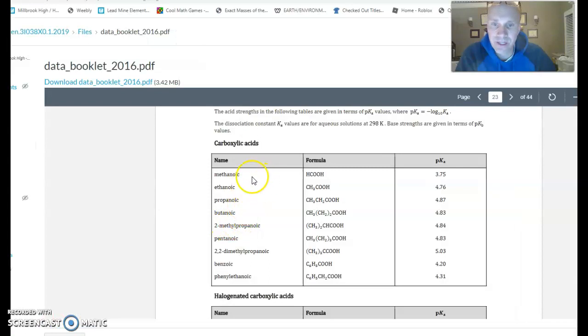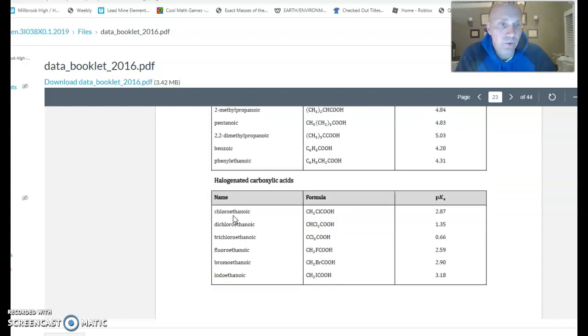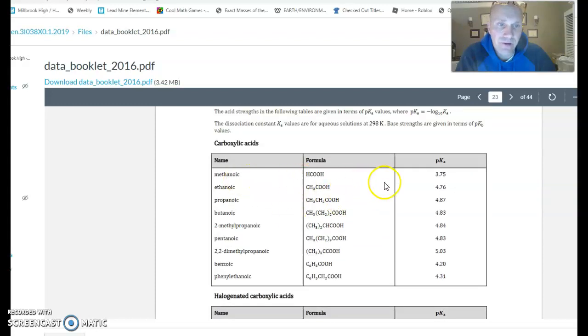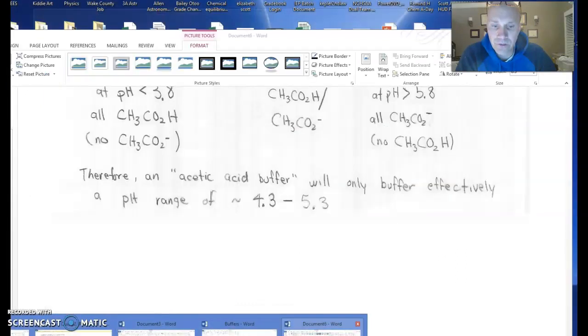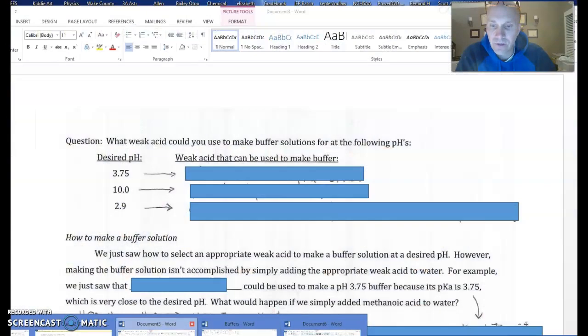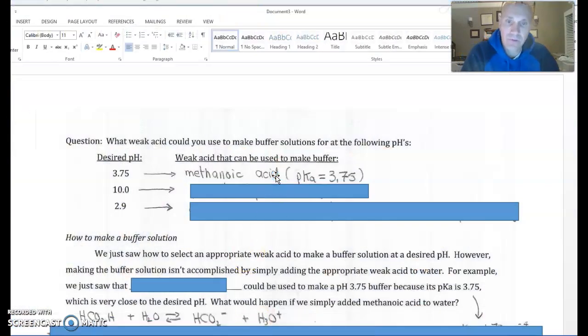All right, and if you look at the data booklet and you're looking through all these weak acids that they put in there with their pKa's, you can find here at the very top they've got a weak acid that has exactly that pKa. All right, so methanoic acid, it's also known as formic acid, has that pKa. So that would be an appropriate weak acid that we could use to make that. So that would be the appropriate weak acid.